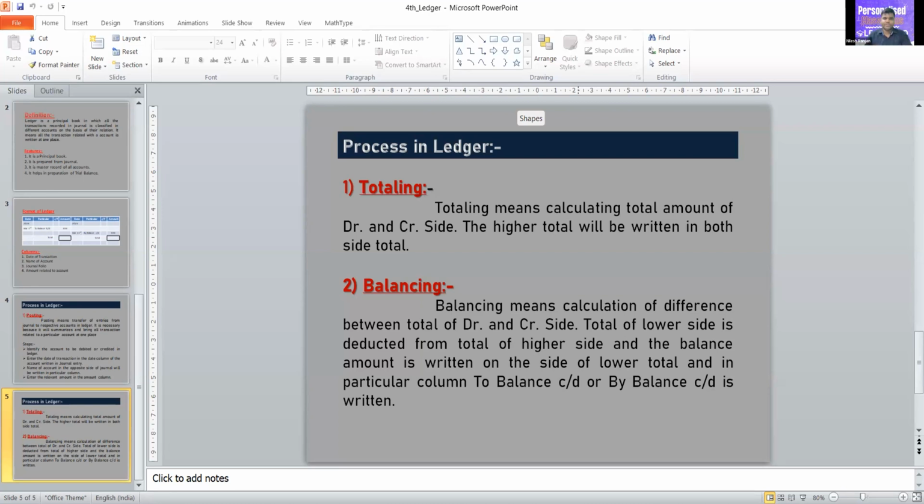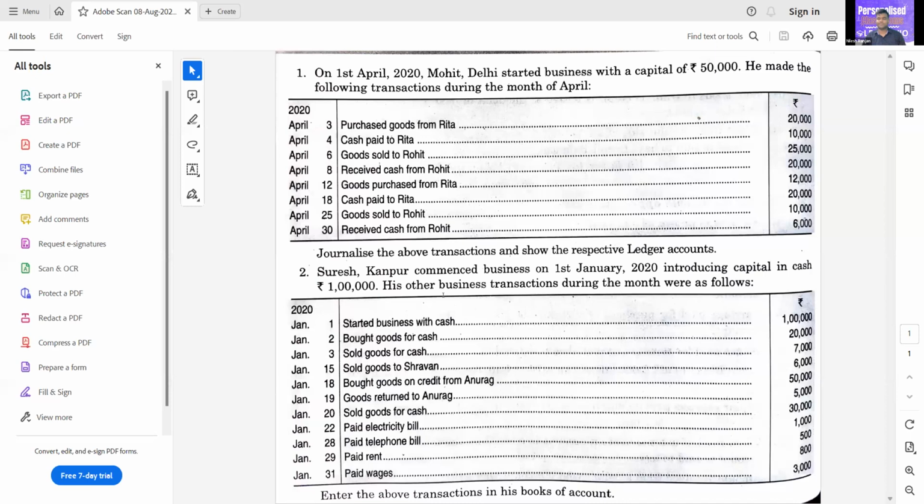Can you repeat the entry? Change the page. Okay, I have changed the page. Okay, sir. Cash paid to Rita. Cash account debtor to Rita account. Rita account debtor to cash account. Yes.